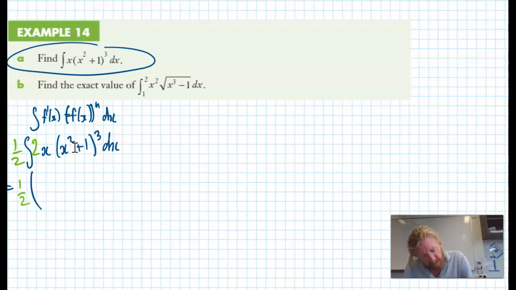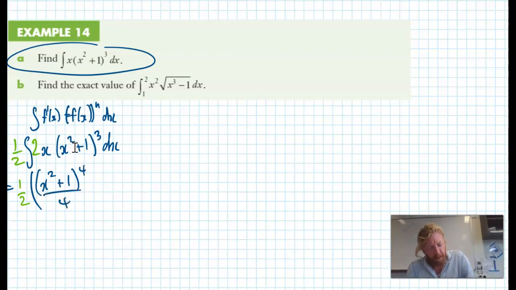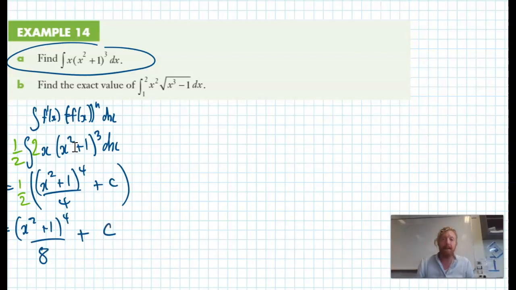And this guy will just be the x squared plus 1 to the power of 4 on 4 plus my c. Now that is going to be equal to x squared plus 1 all to the power of 4 on 8 plus c, where c is old c.